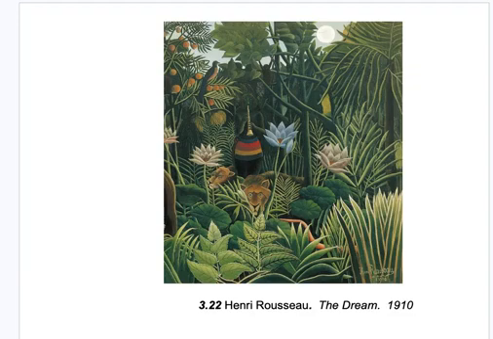Many of the critics or describers of his work would call this an exotic scene, which was not particularly typical of French art at this time.